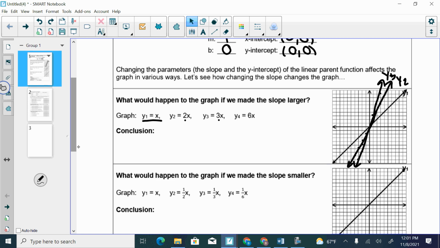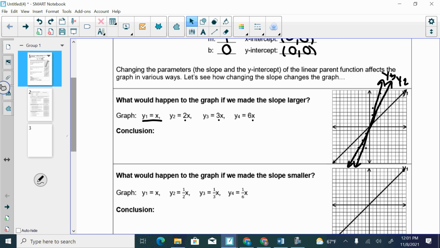There's our y equals 3x. And then the last one is 6x. So still starting at 0, 0, but how much up and over will we go for each point there? Up 6 over 1. Very good.